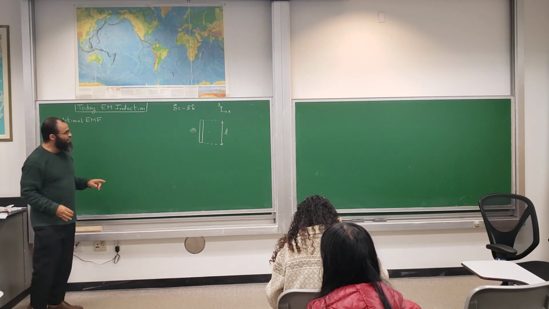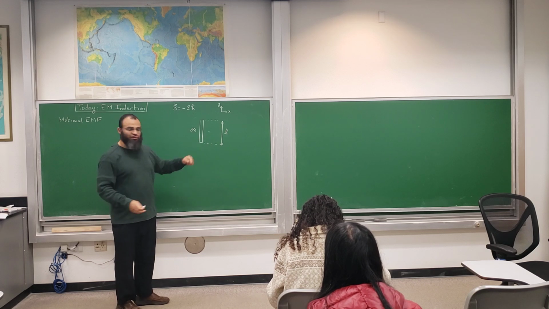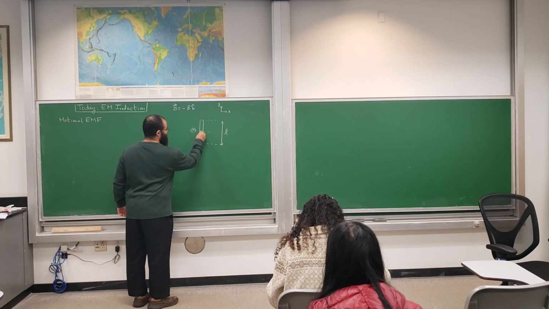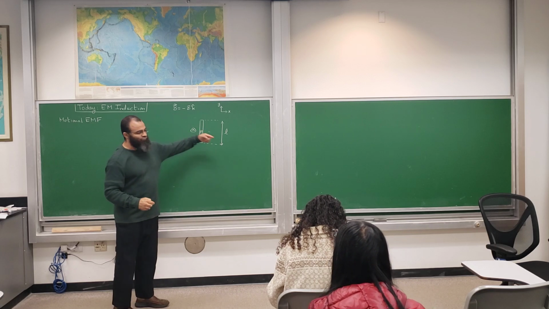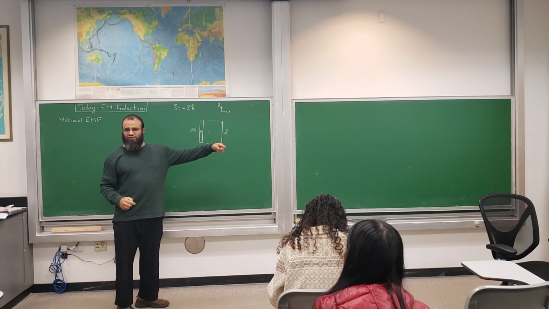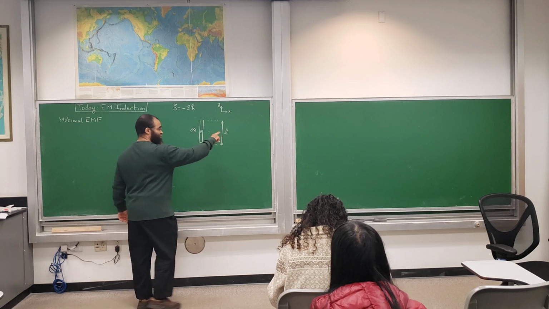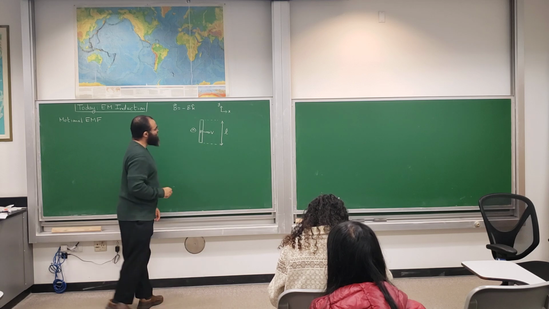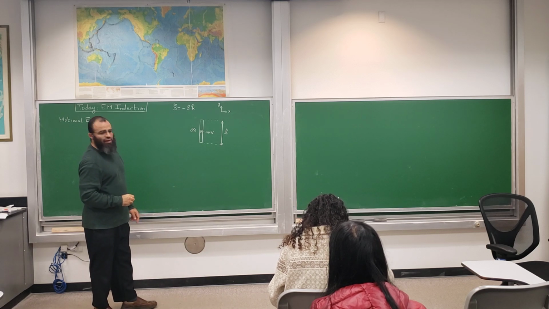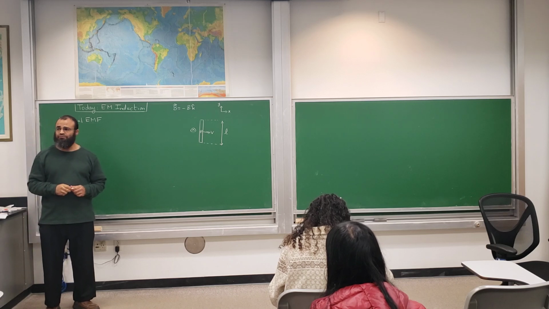So somebody pulls the rod. As we pull the rod, imagine I take a small positive charge here. It has a velocity v this way, because I'm dragging the rod this way. So what happens to that one little charge?